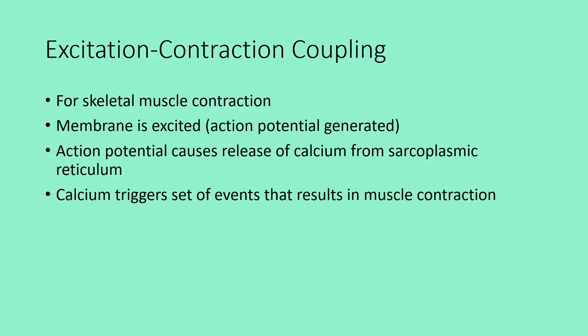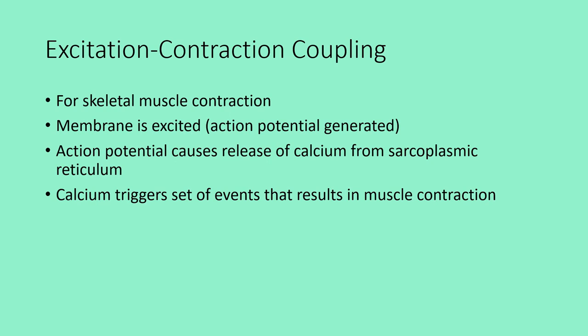Because calcium is the trigger for starting up the actual muscle contraction. You're going to have a whole series of steps setting everything up. That's the excitation part before you get to the contraction part. So excitation is generating an electrical charge, which is the action potential. You're generating that so you can release the calcium, because you have to have calcium released from the SR in order to start the steps for contraction.